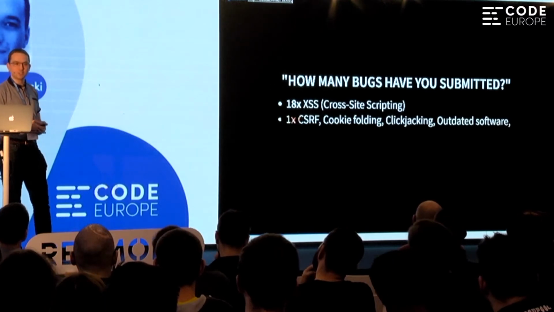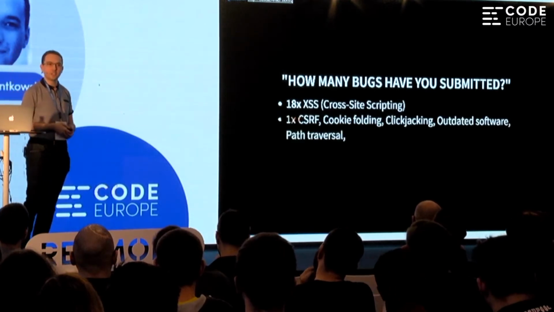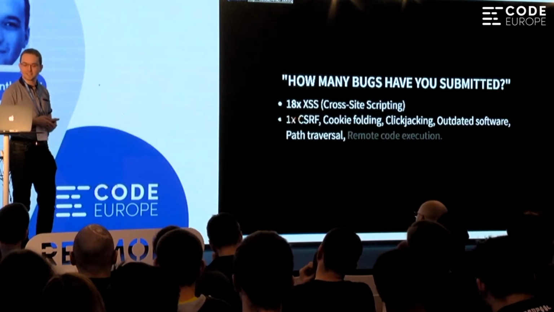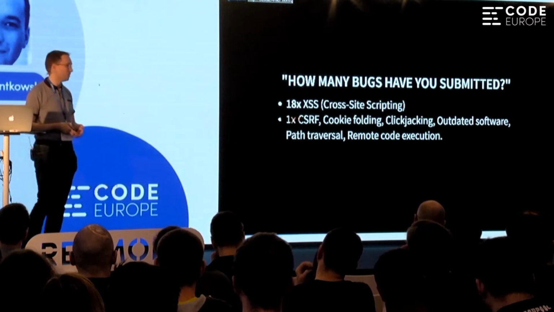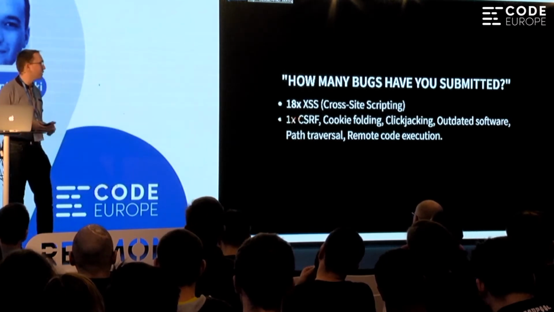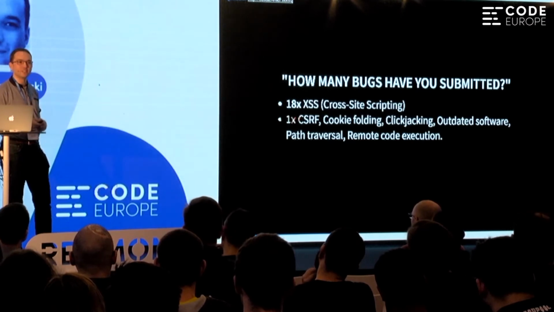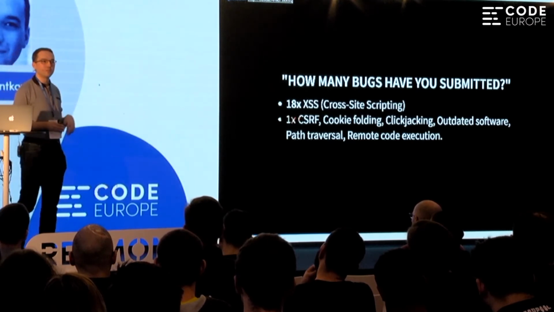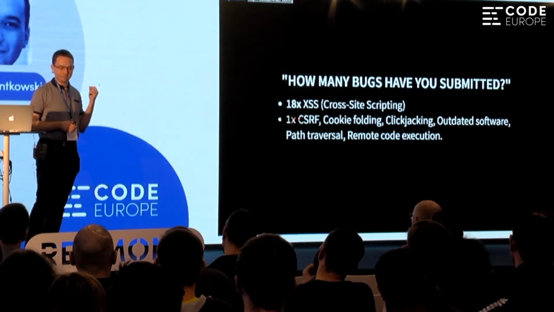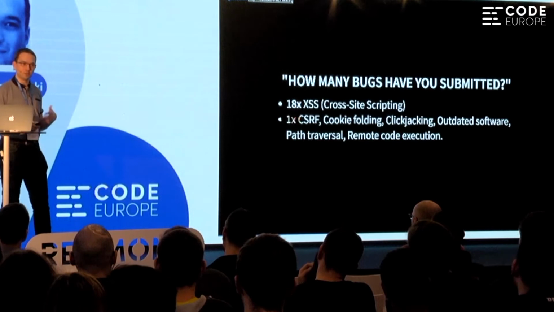Clickjacking, outdated software, path traversal, but it was in a sandbox environment, so it didn't give me anything. And remote code execution, which was also in a highly sandboxed environment, so I really didn't achieve anything with that. But if anyone's curious, that was thanks to unserialization of data in Python with module pickle.